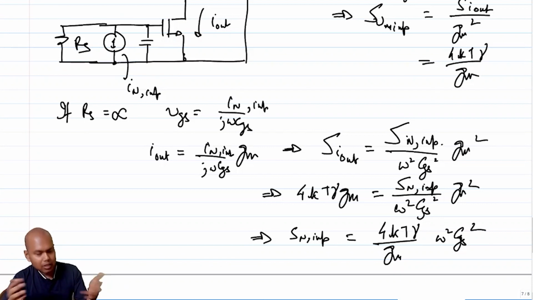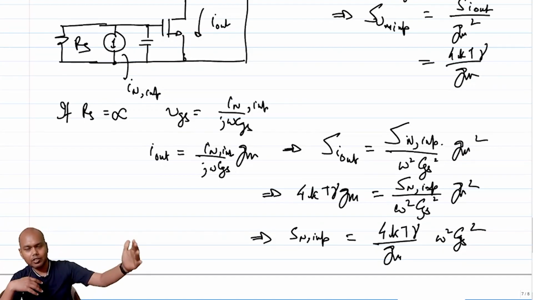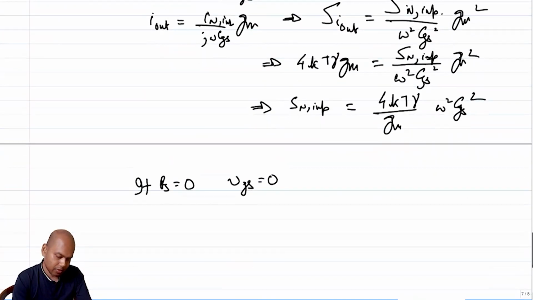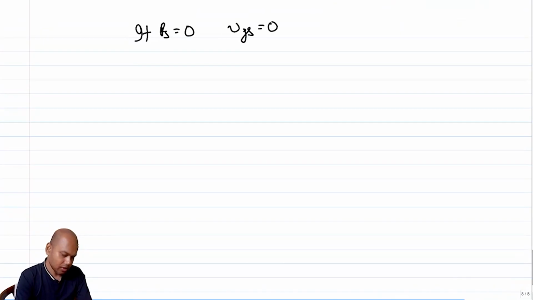The other two options don't work either way. So if these two conditions work individually for RS equal to 0 and RS equal to infinity, then it probably makes sense to combine both of them so that they work in the presence of any RS. If that seems to be the solution, then we can try it out. So let's try it out.